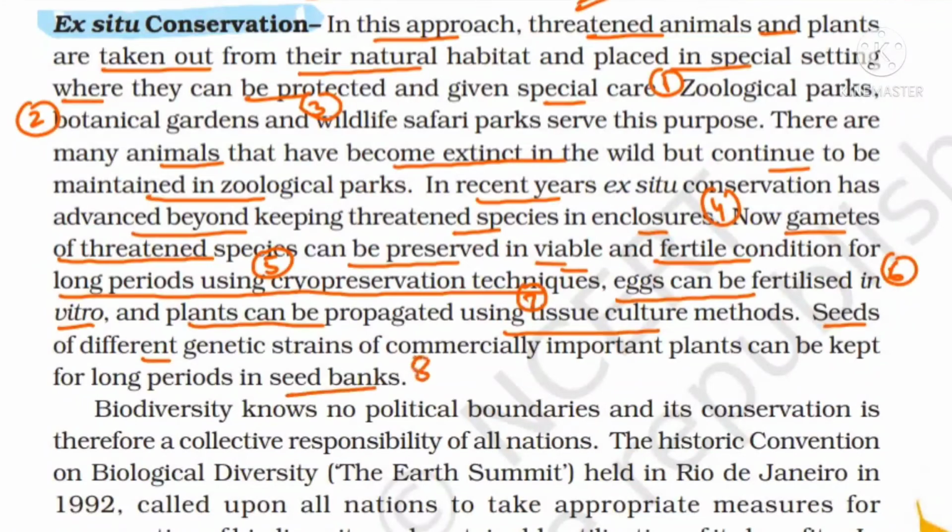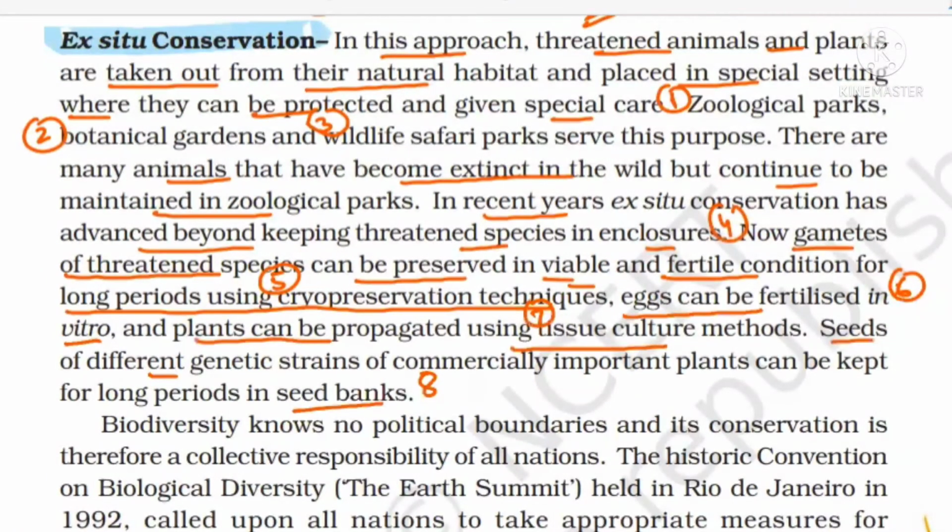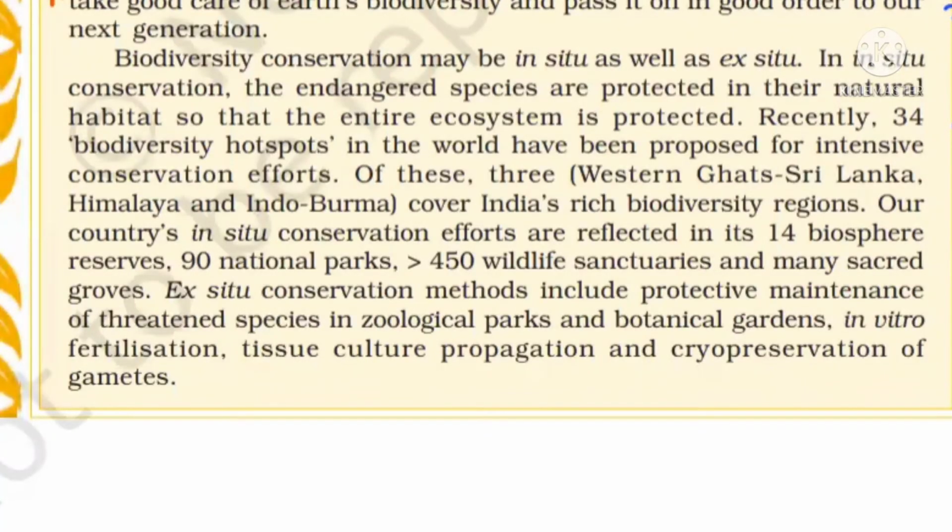So these are the different methods by which they are trying to save diversity by removing them from natural habitat, because it's not possible to save each and every one. So they are removing them from natural habitat and saving them outside their natural habitat. Is it clear, beta? So beta, see here in the summary also they're telling: ex-situ conservation includes protective measures for threatened species in zoological parks, in botanical gardens, in vitro fertilization.